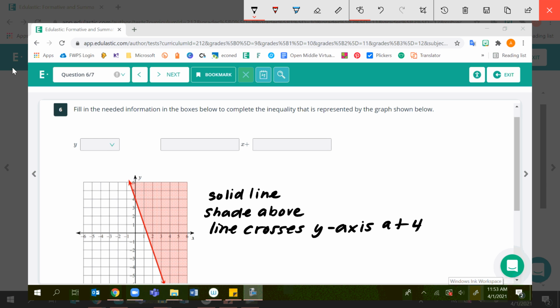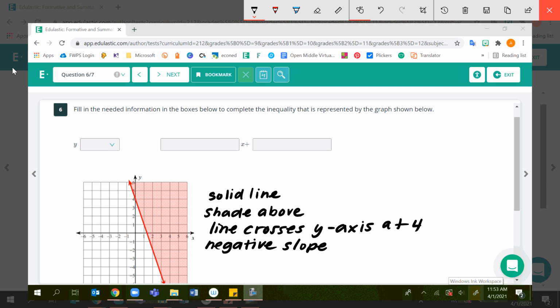Also, my line is going from the top left to bottom right. So we do have a negative slope. So this should be a bunch of information to allow us to figure out what we have to do in order to create my equation.